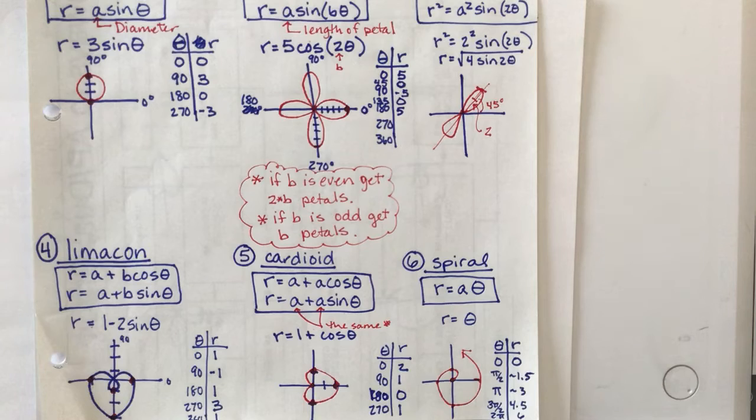And what I'd like you to do is take a walk around your house or your yard, or a hike maybe, and keep these 6 graphs in your mind and see if you can find something similar out in nature or in your house.